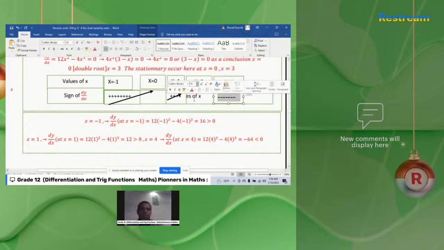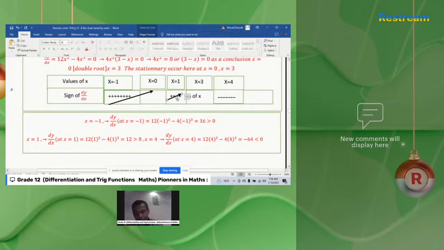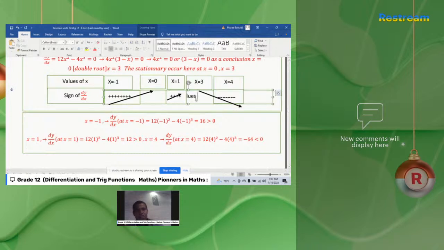So now I will draw or show you how the function is decreasing. The function now is a decreasing function.